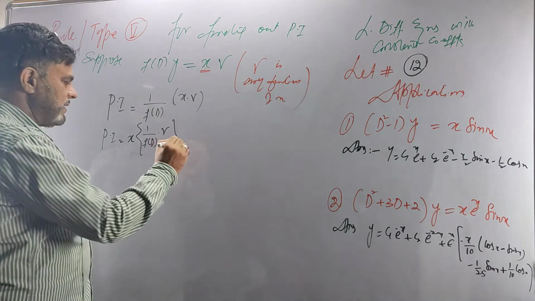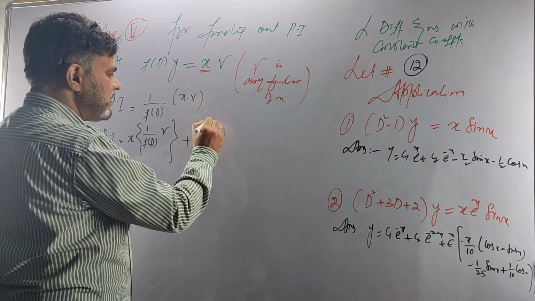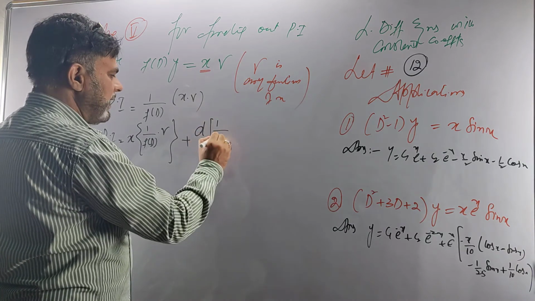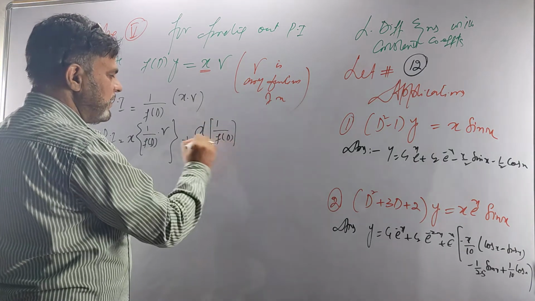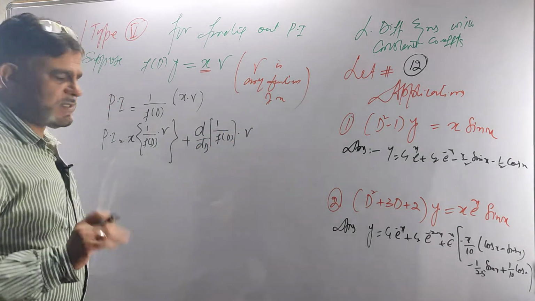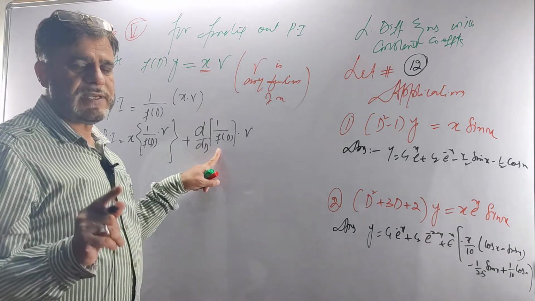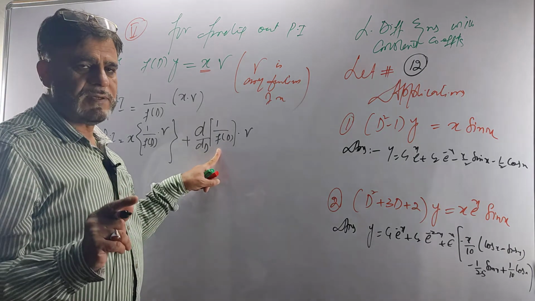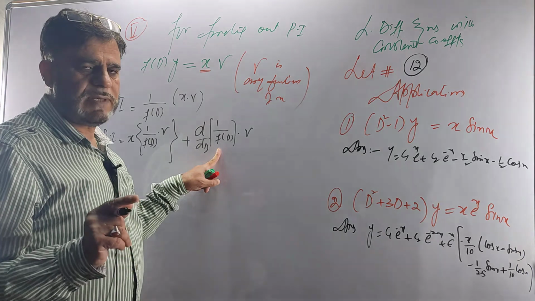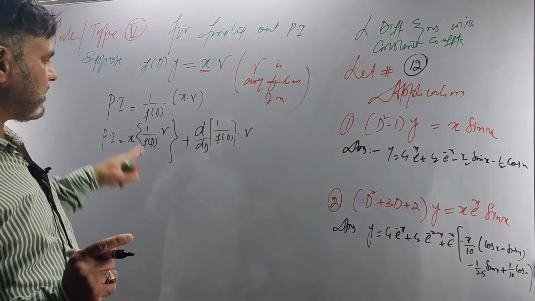First part is this. Then plus you find differentiation of 1 by f of D with respect to D into v. Note this, it is not the derivative of denominator as you did in case of failure case. Perhaps that was the rule or type second.